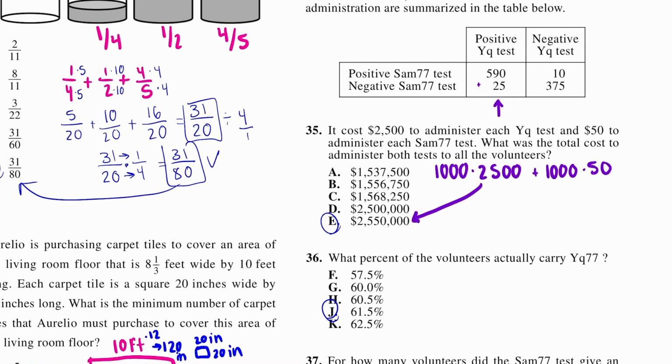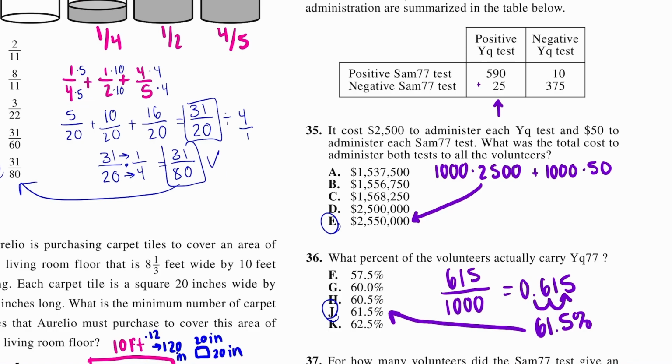So 590 plus 25 is 615 out of a total of 1,000 volunteers. So if you divide 615 by 1,000, we get 0.615. And then to make it a percentage, you move your decimal place to the right 2 times. 61.5 percent, which is letter J. Someone checks out.